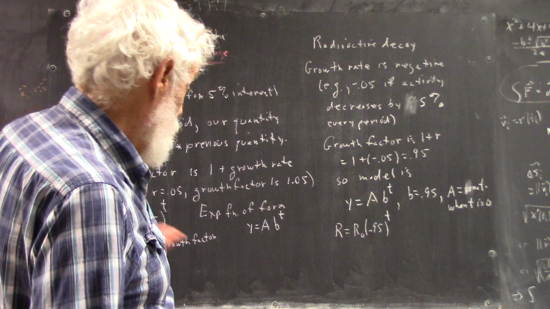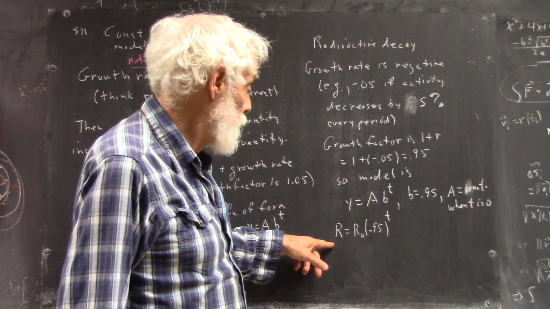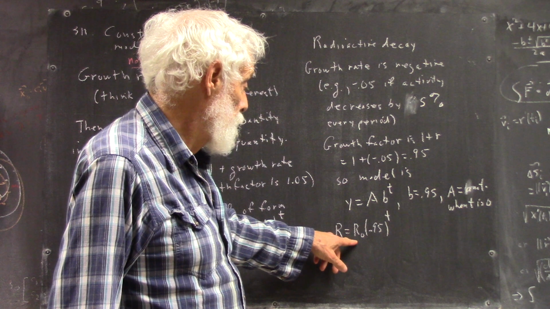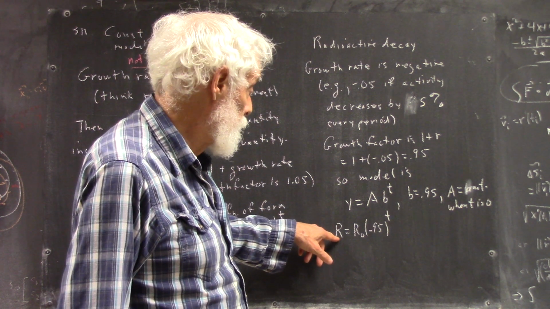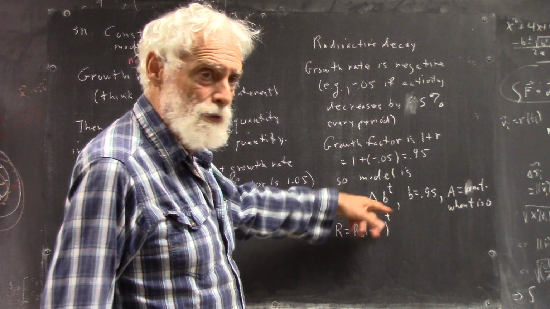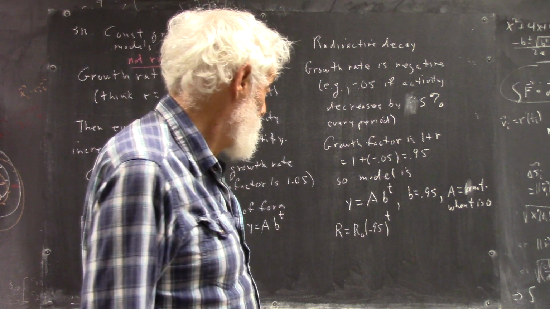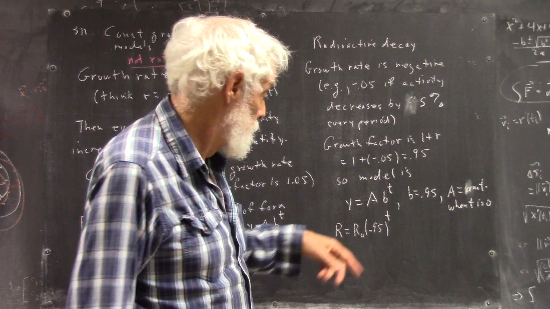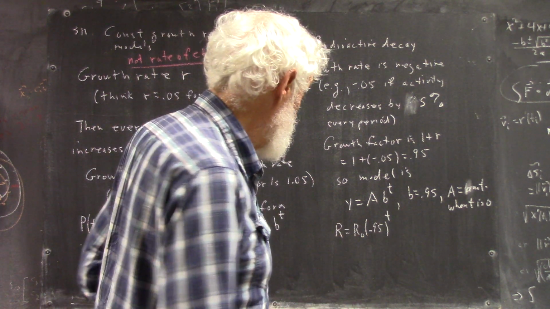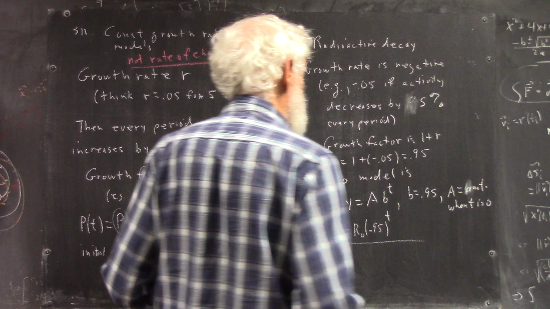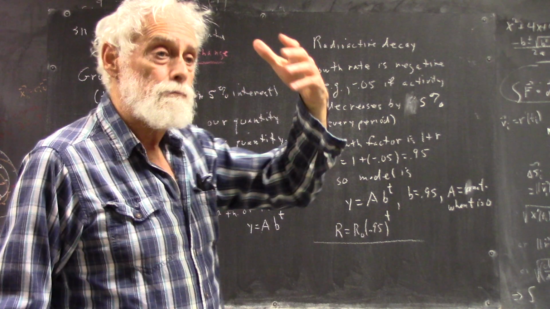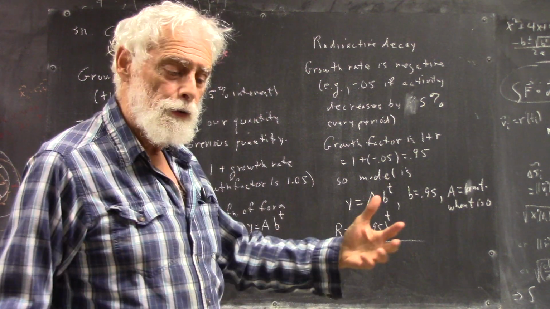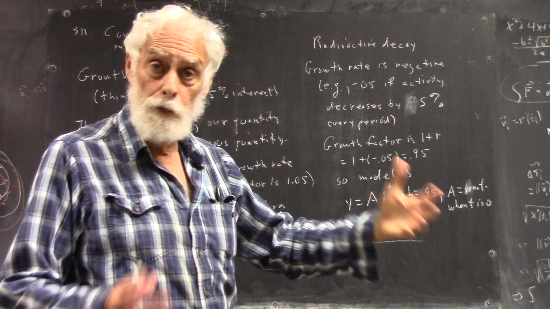Now, if we don't know what the original amount is, but we know what the radioactivity is at some time, like 10 periods, then we can plug that information in here and solve for R naught, can't we? Or if we have a radioactive decay situation where we've got radioactivity at one time, and then at another time, we'd have 2 data points.